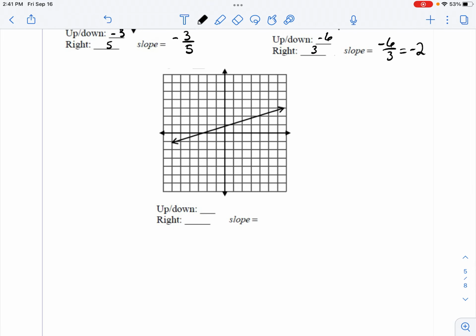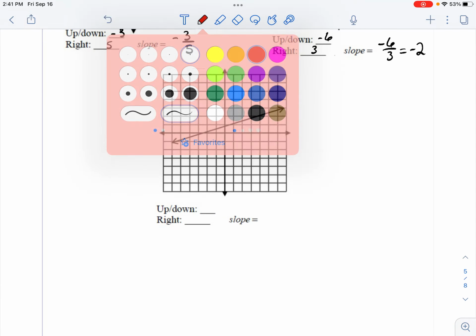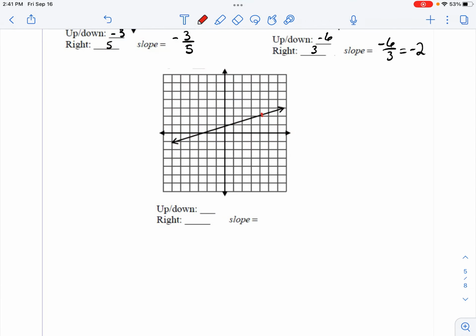All right, this one we don't have points per se. And so this one we're just going to look and guess at about where it actually hits a solid number. And so there might be a little bit different answers here, but I'm going to say that's a point right there.